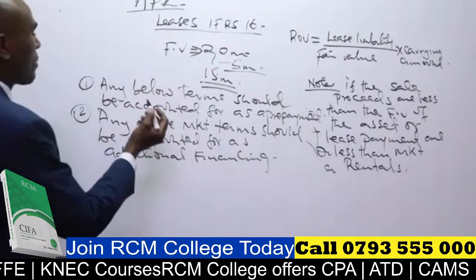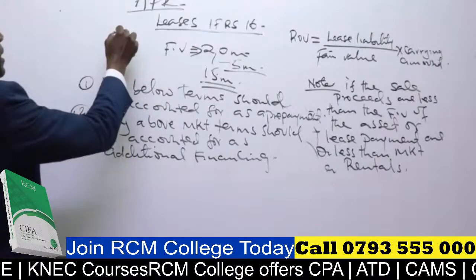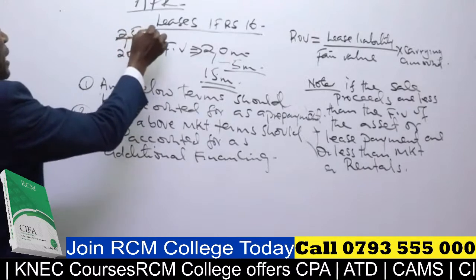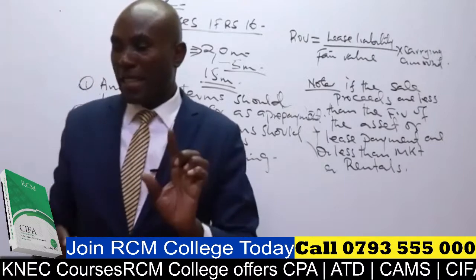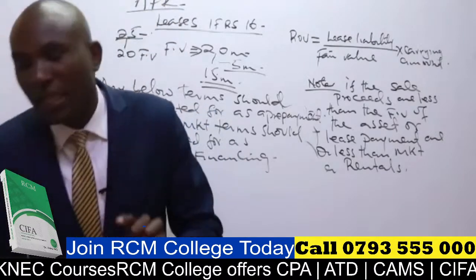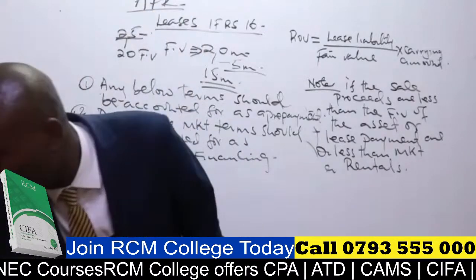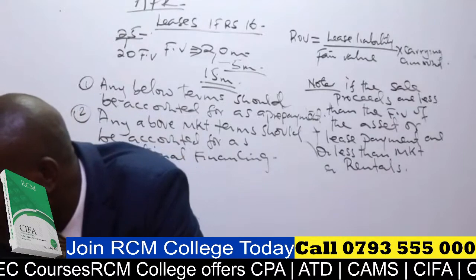Above market terms means the asset fair value is 20, but you gave me 25. The fair value is 20, the sale proceed is 25. Therefore, you paid more than the asset. My good friend Fatuma, did I pay a prepayment as a buyer or seller?